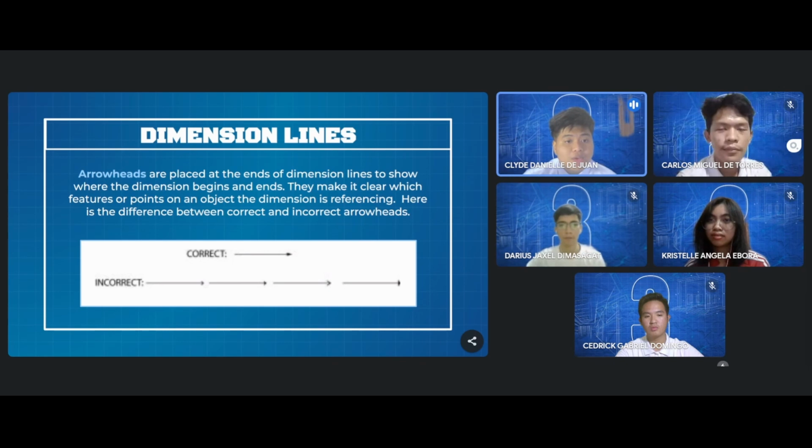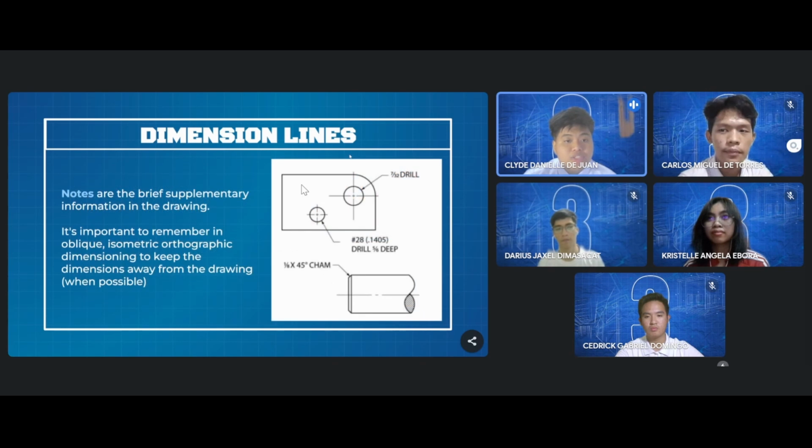They serve to clarify which features or points on an object are being measured. Properly placed arrowheads ensure accurate dimensioning, while incorrect arrowhead placement can lead to misinterpretation and inaccuracies. Lastly, dimensions are mostly assisted with notes to show what part of the figure the dimension is referring to. This allows the viewer to easily identify parts of the figure without overanalyzing it.